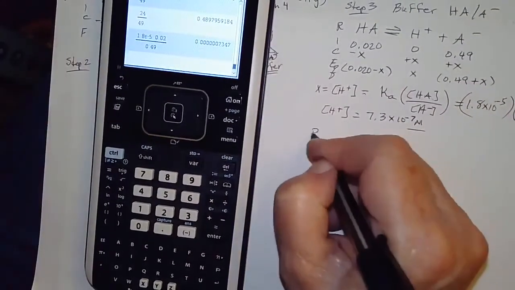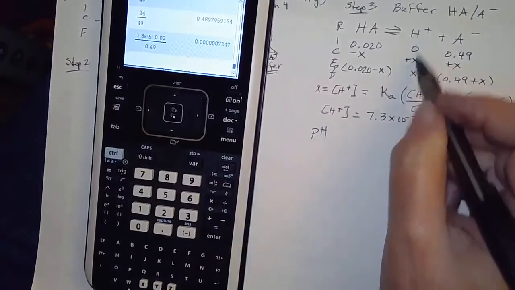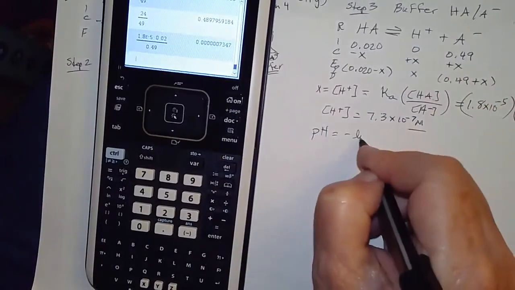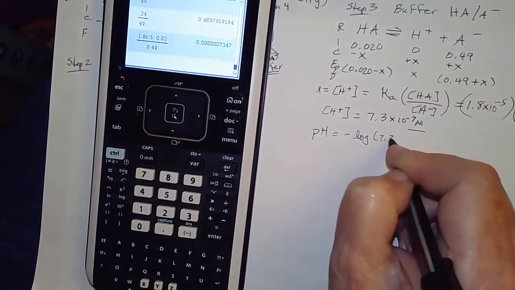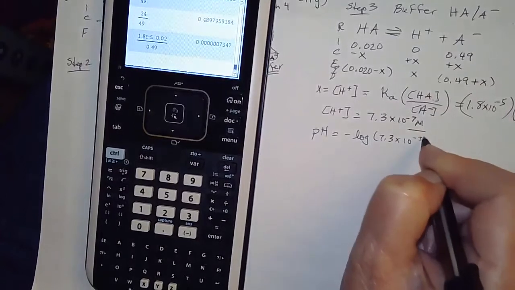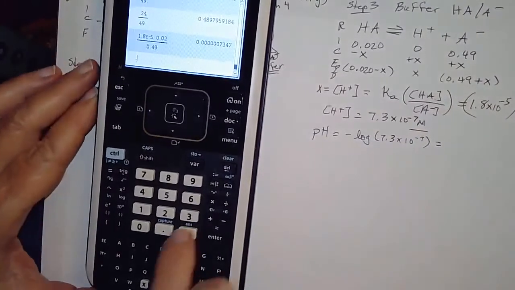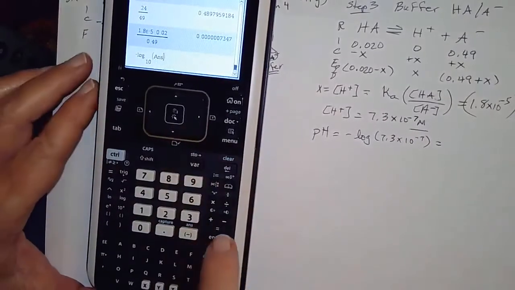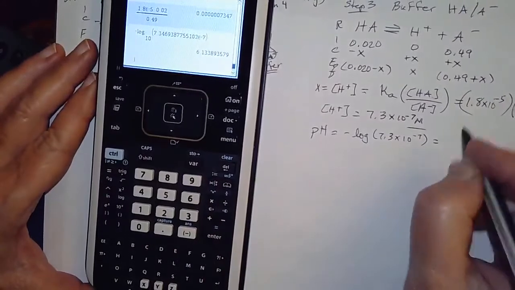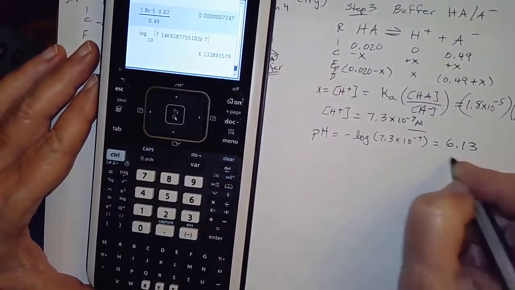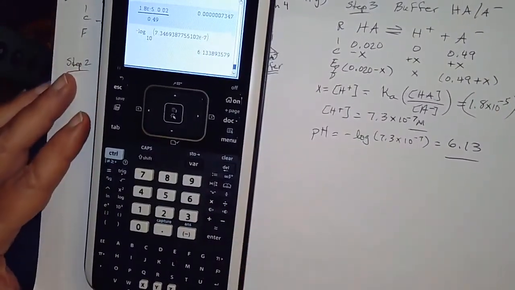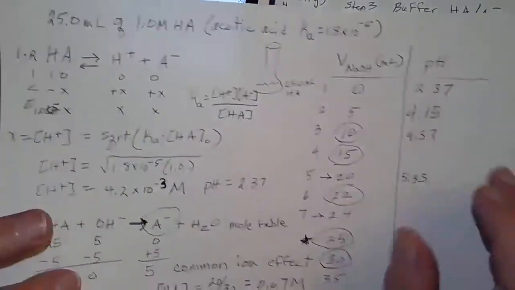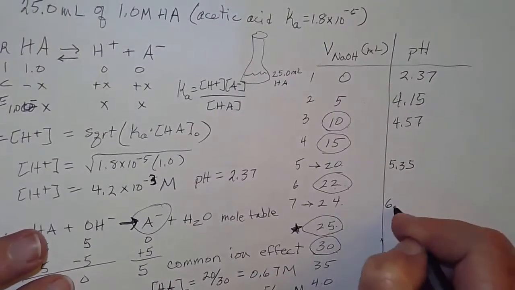Okay, and then the pH, because this is the hydrogen ion concentration. pH is the negative log of that. So negative log base 10 of the answer, 6.13. And that goes in your chart for 24.